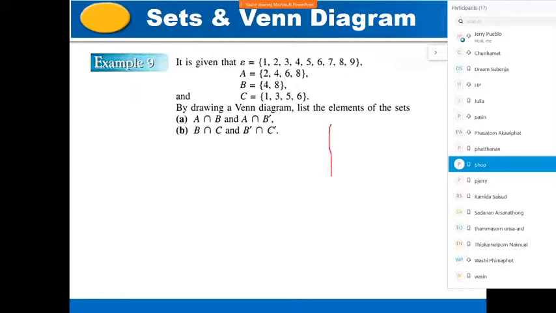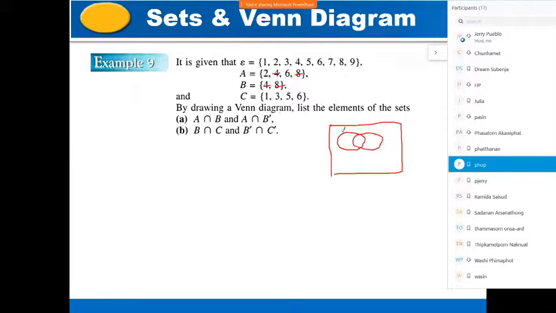What we're going to do, you draw a rectangle, and then you look first: do they have common elements? We have common elements 4 and 8 between A and B. Do we have 4 and 8 in C? No. We have only 1, 3, 5, 6 in C. So we make A and B here.